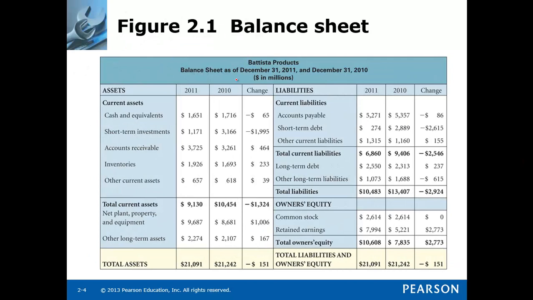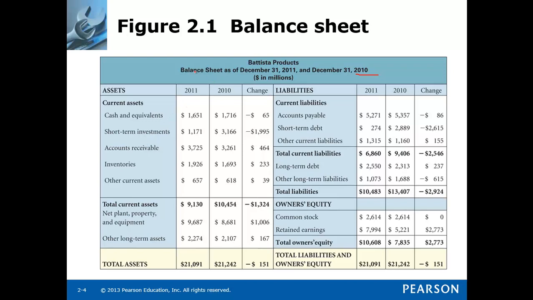Let's take a look at a sample balance sheet. Batista Products, which is a fictional company, is showing their balance sheet as of December 31st, 2011 and December 31st, 2010. Now, one important characteristic to note about a balance sheet is it shows the assets, liabilities, and equity as of a certain date.